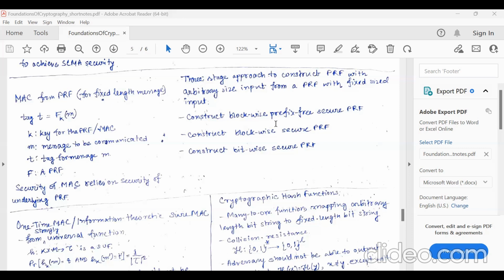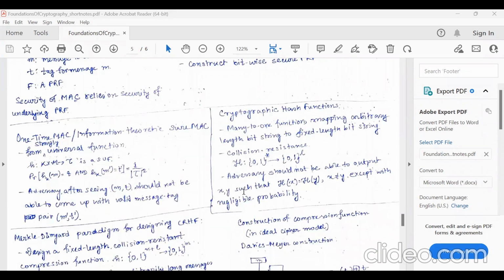After that we proceed to construct a bitwise secure PRF, where the message need not be a multiple of some particular block length, rather the message can be of any length, and we can achieve a bitwise secure PRF. There is a detailed discussion on the construction in the lecture itself.